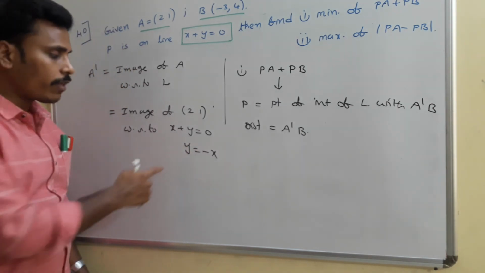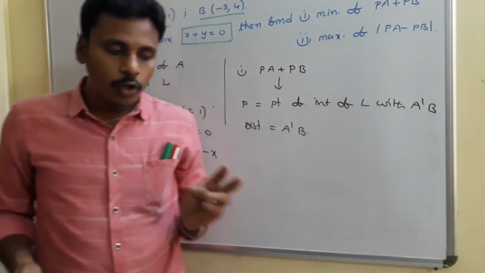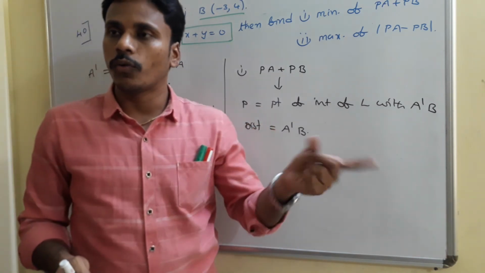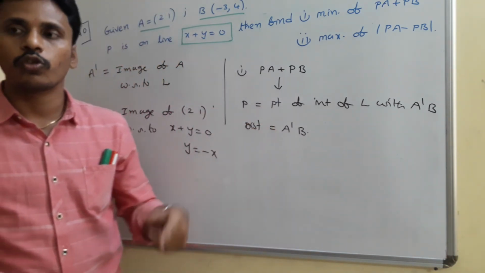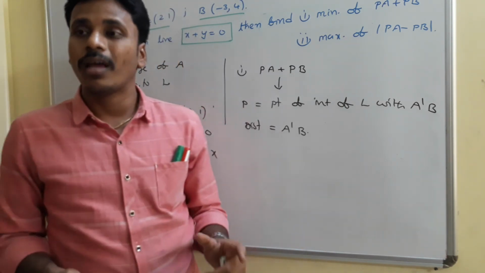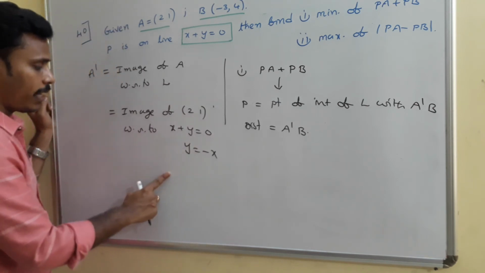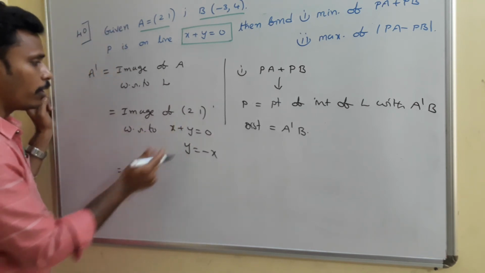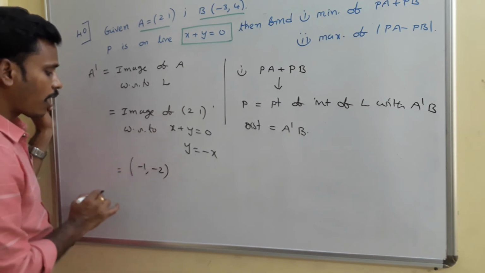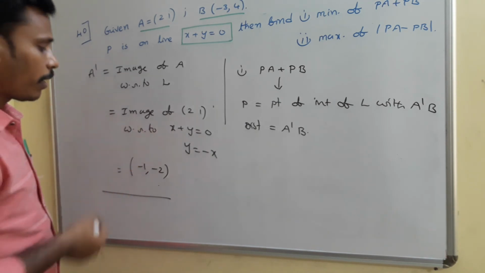Actually, if the line is in general form, then we go with the image formula: h minus x1 by a is equal to k minus y1 by b is equal to minus 2 times (a x1 plus b y1 plus c) by (a square plus b square). But here the line is somewhat friendly, just like y equal to minus x, so finding the image is simple: you just interchange both the numbers and then use minus signs. Already we discussed it in the previous class, right?